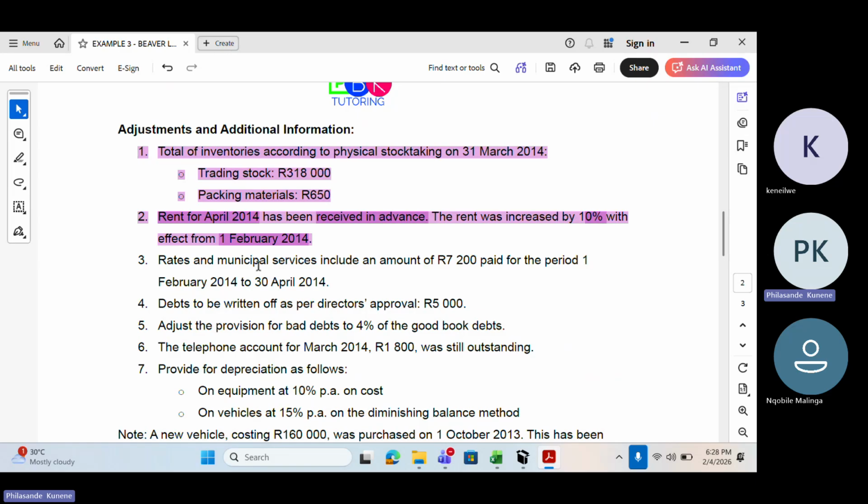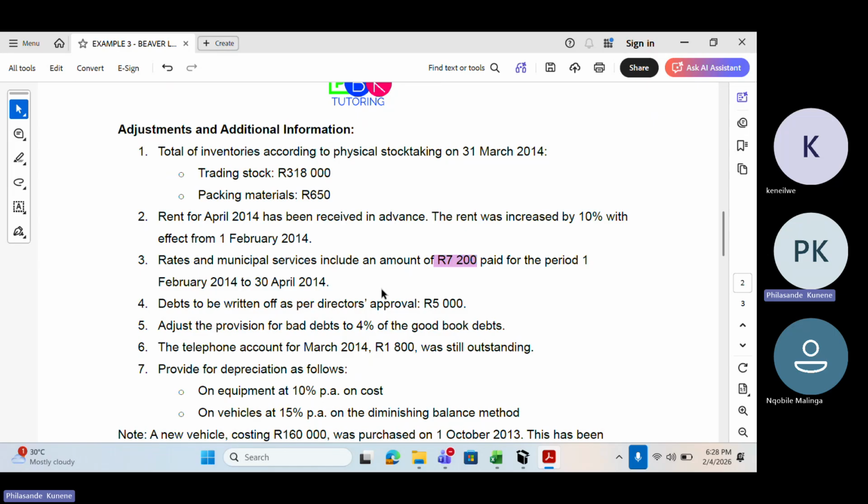Let's go. Number 3. So now we're going to look at number 3 and see how we're going to deal with transaction number 3. Very simple and straightforward. They're saying here, rates and municipal services include an amount of 7,200 paid for the period 1 February 2014 to 30 April 2014.